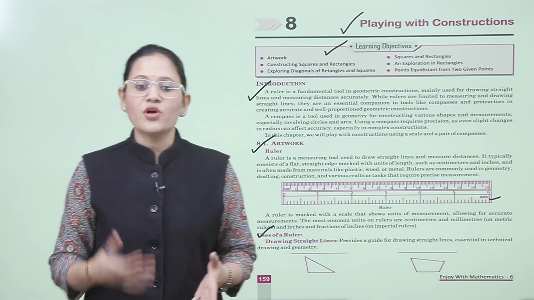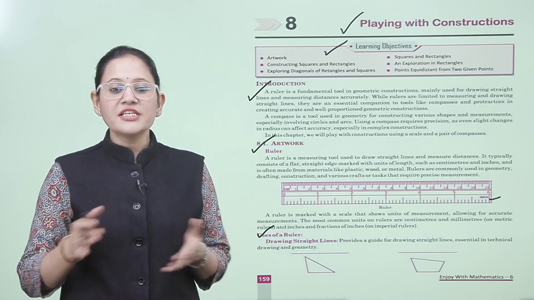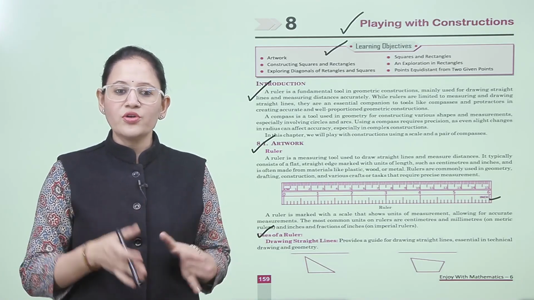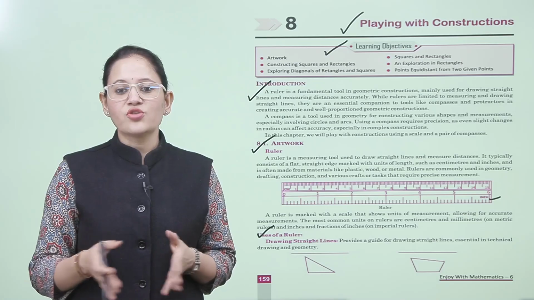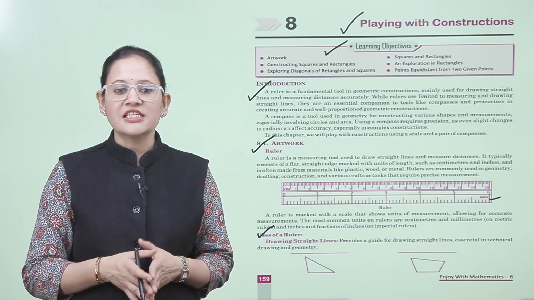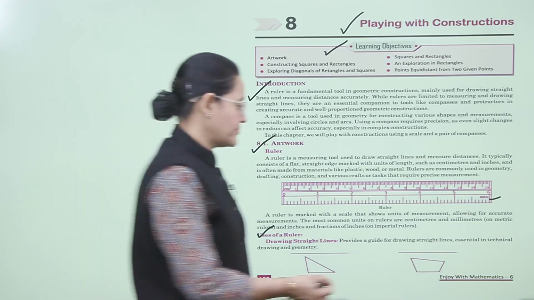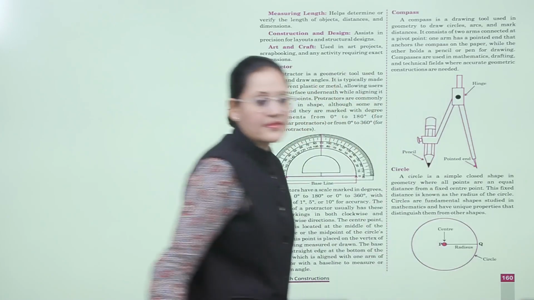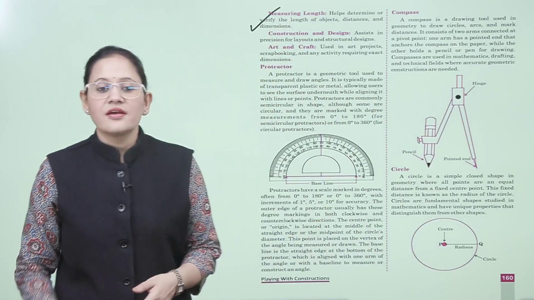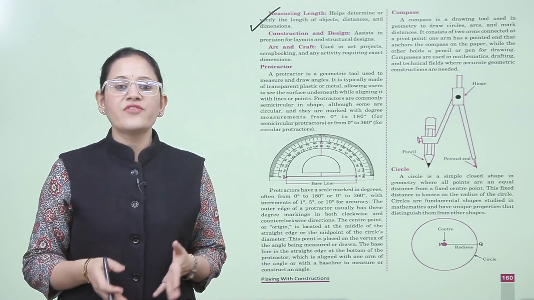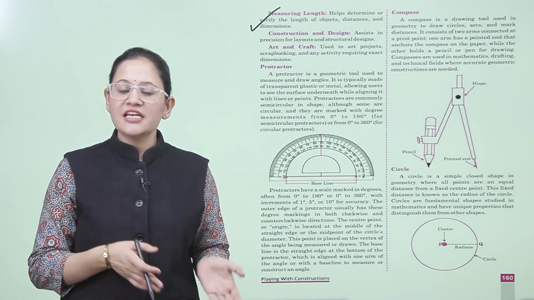So now we'll see what the uses of a ruler are. Drawing straight lines: whenever we want to draw a straight line, we use a ruler. It provides a guide for drawing straight lines, essential in technical drawing and geometry. Next is measuring length. A ruler helps to determine or verify the length of an object, distance and dimension.